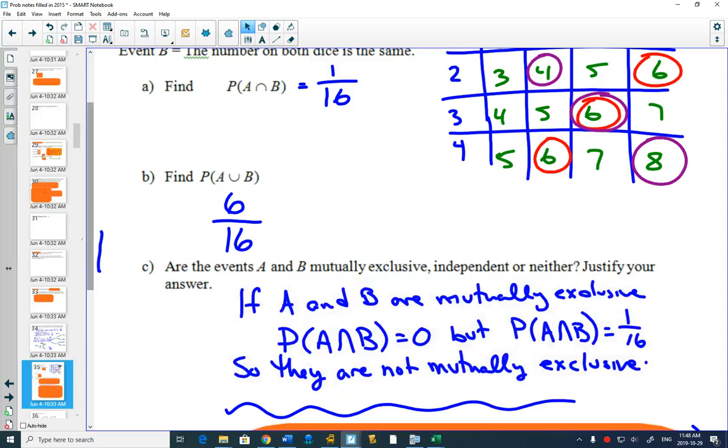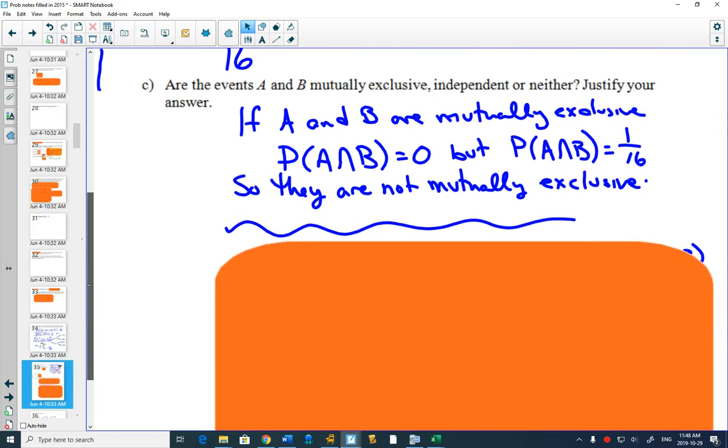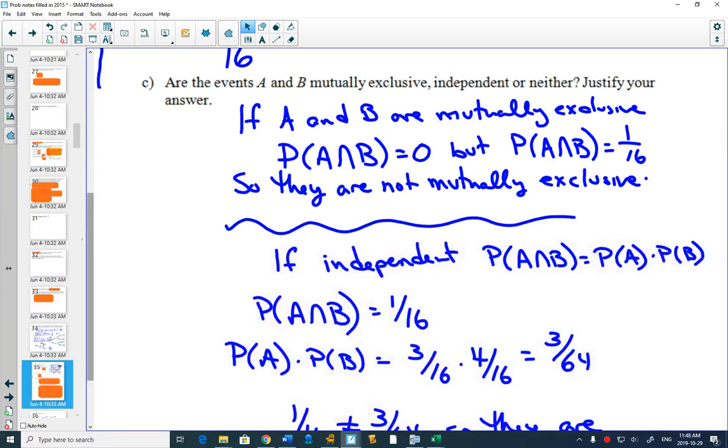If they're mutually exclusive, the probability of A and B should be 0. But the probability of A and B is 1 over 16. So they are not mutually exclusive. And are they independent? If they're independent, the probability of A and B should have been, like we said, multiplied together to get 3 out of 64.